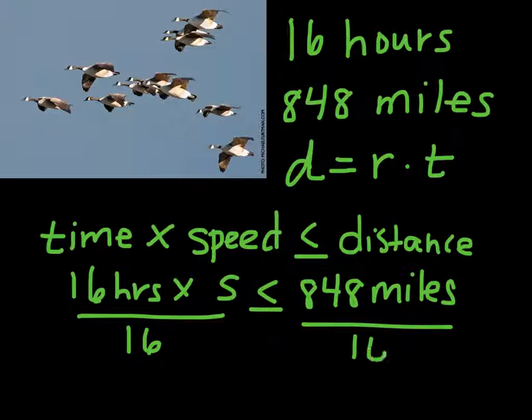This will give us S being less than or equal to 53 miles per hour, which we'll write as MPH. So our flock of Canadian geese can fly an average speed of 53 miles per hour or less during a migration and still travel our 848 miles in 16 hours.